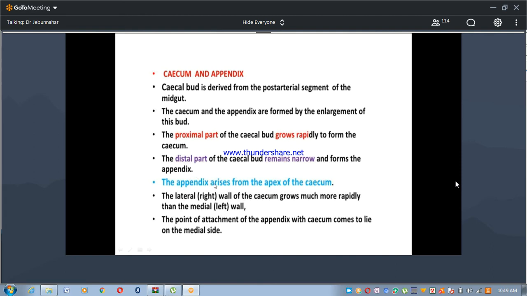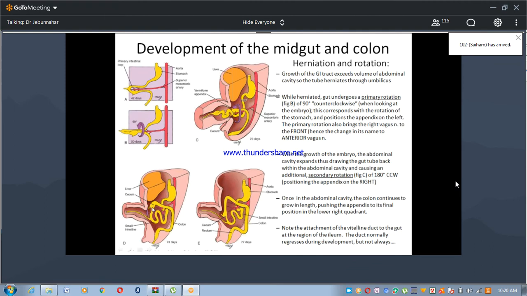We have shown this in the figure. The appendix arises from the apex of the cecum. This is the apex of the cecum, and this is the appendix. The lateral or the right wall of the cecum grows much more rapidly than the medial or the left wall.